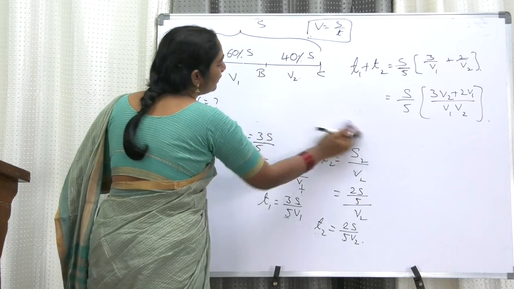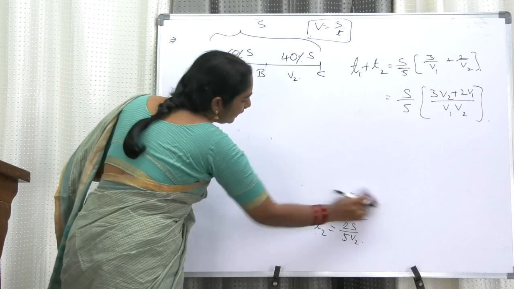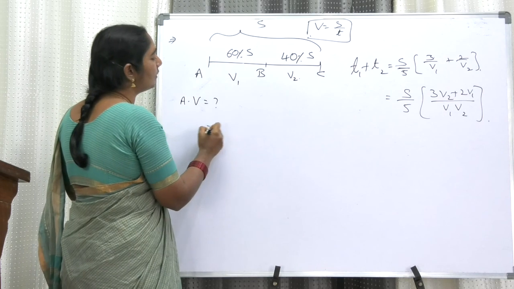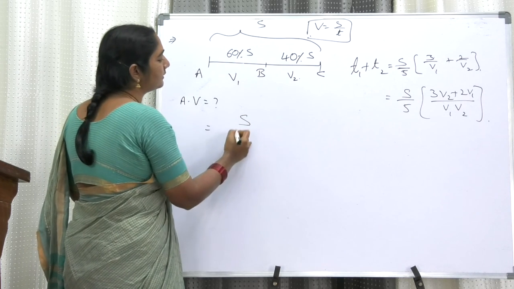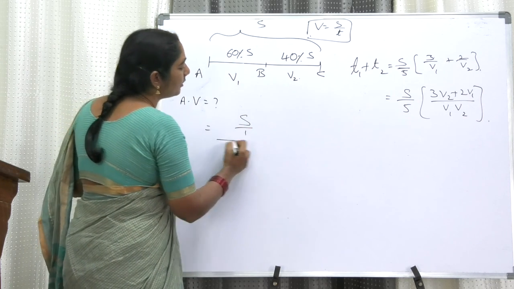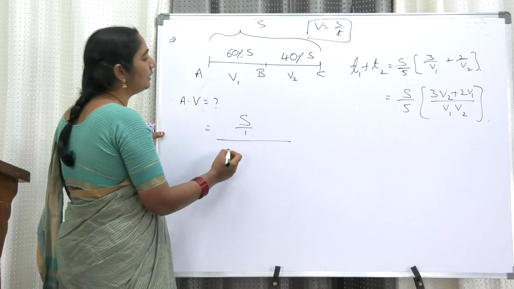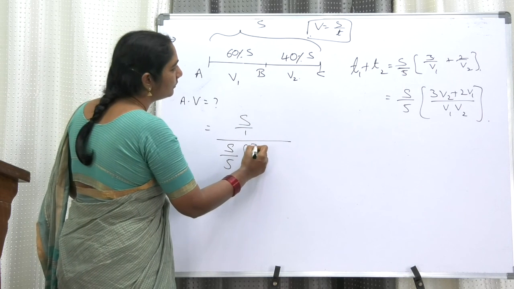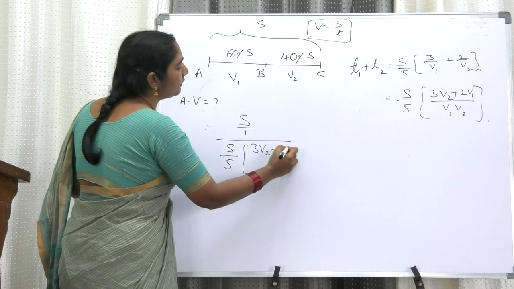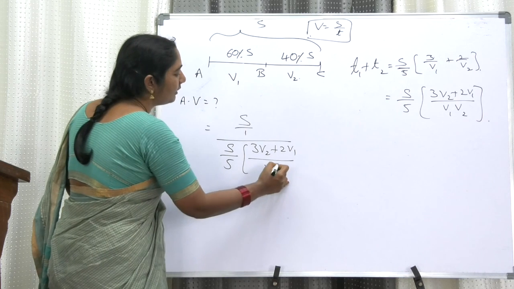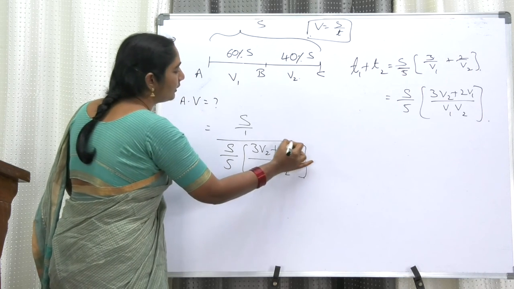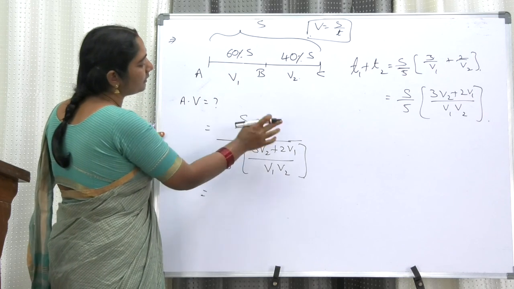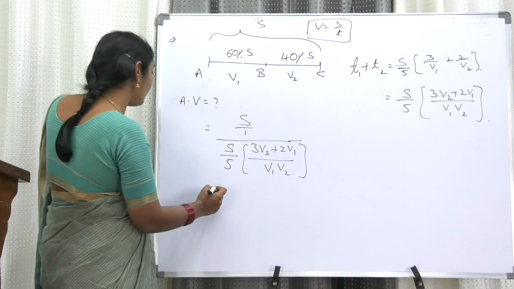Now let us find out the value of the average velocity. Average velocity is equal to total distance, that is S, by total time, S by 5 into (3v2 plus 2v1) by v1 v2. Now my dear friends, we can take the reciprocal of it.